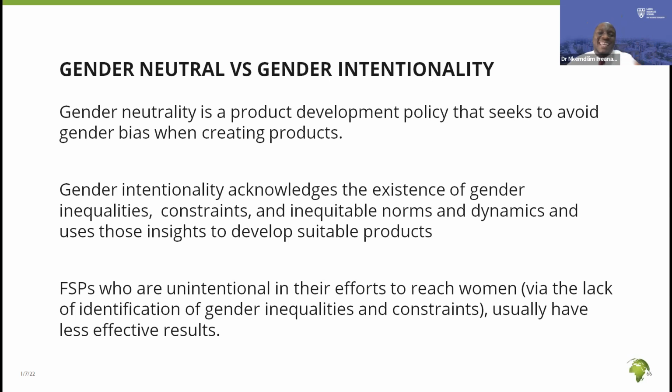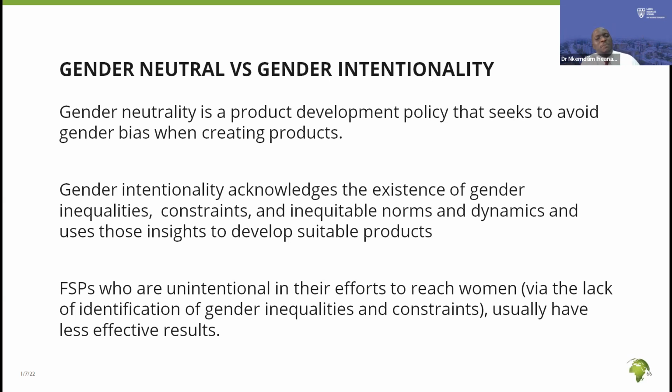Now, when products are created with gender intentionality, there is a clear acknowledgement that gender differences exist, gender constraints exist, and that there are inequitable norms and dynamics as well as uses by the different genders that have significant implications for how the product will be priced, positioned, promoted, perceived, and used, and how the product's advocacy will follow.